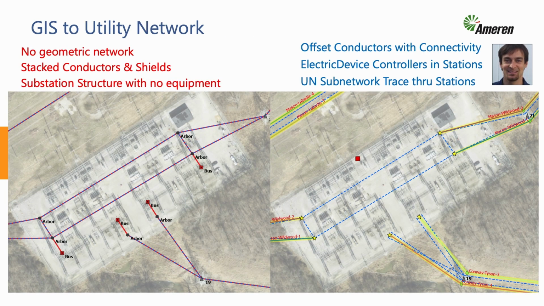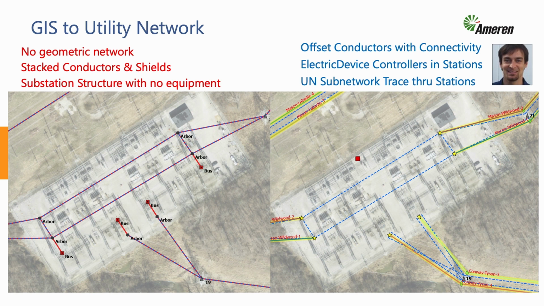So here you get a bit more of a visual. This is just a zoom-in overview of a substation. On the left side, this is what the GIS looked like in advance. This is a substation, and remember, there's no geometric network. And what might be difficult to see is we've got a lot of stacked conductors. So if you look in the top left, you just see that's another line running by the sub.